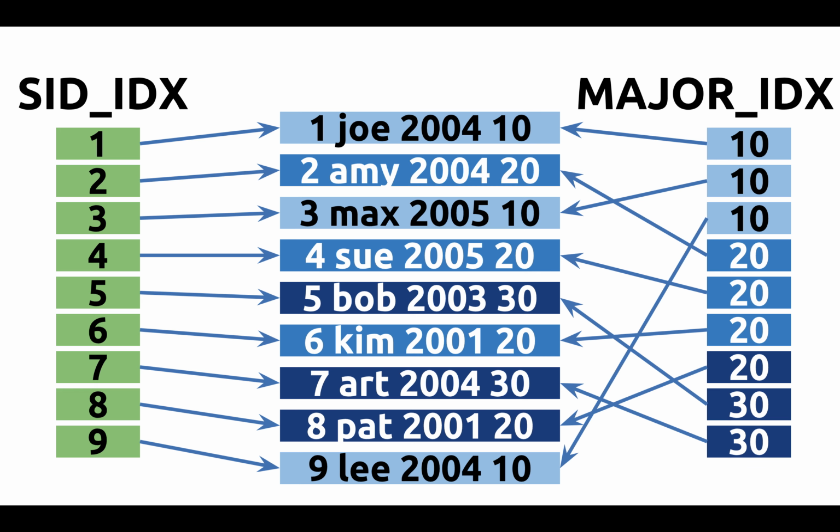A unique index that I would create would look like this, and it would have a reference to the original record. It would have the value of the index, and it would reference the original. Notice that in a unique index, it references one record.